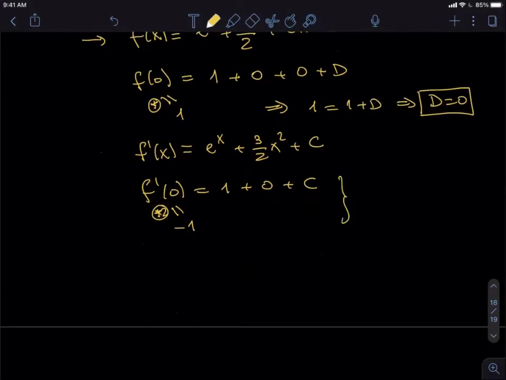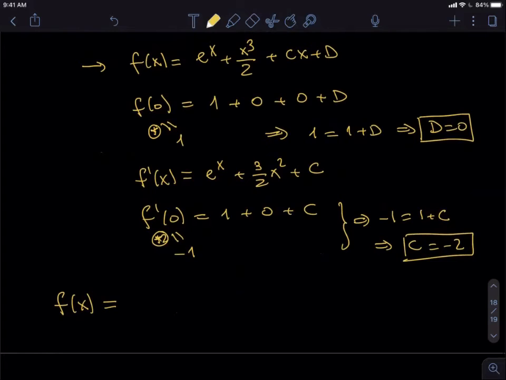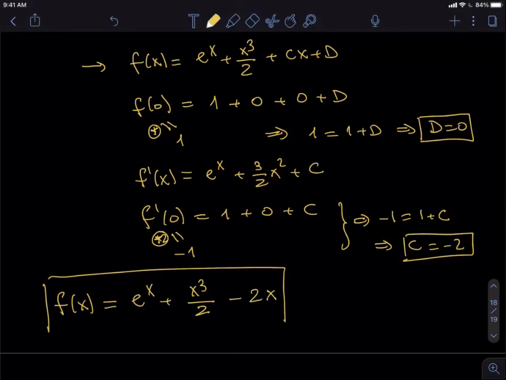So that means -1 = 1 + c, which means c = -2. With this information, we can go to the general form. So we have e^x + x^3/2 + cx, but c we know is -2, so -2x, plus d, which is 0, so we don't write it. And this is the requested function.